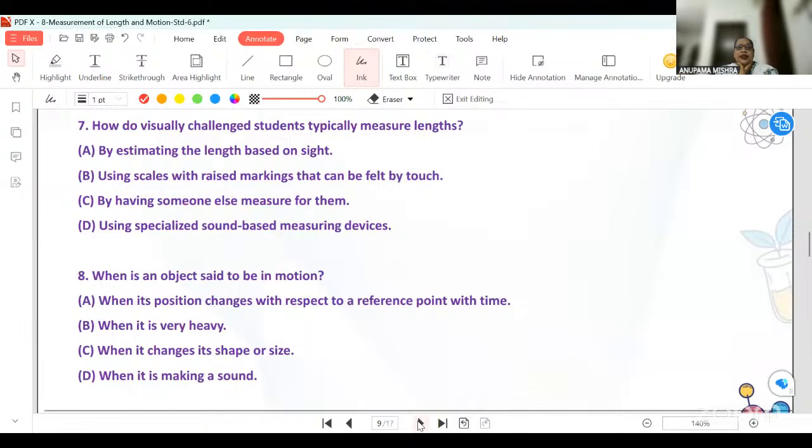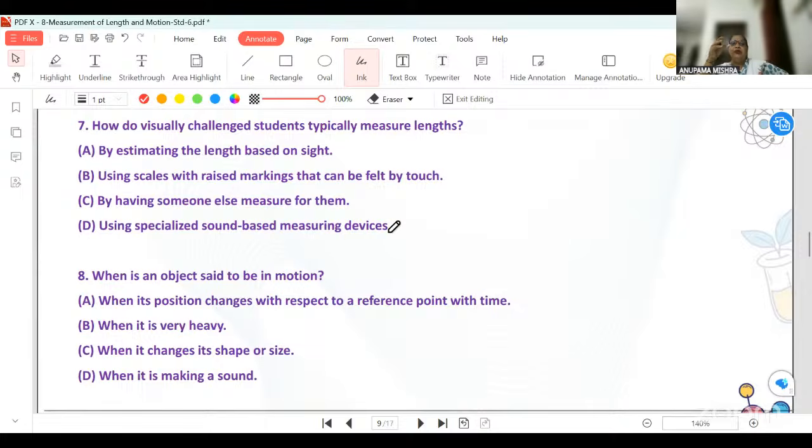How do visually challenged students typically measure the length? Now, this one is easy. By estimating the length based on sight, using scales with raised marking that can be felt by touch, by having someone else measure for them, or using specialized sound based measuring devices. Visually challenged means they don't have eyes, they are blind.